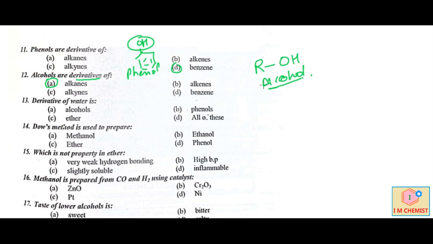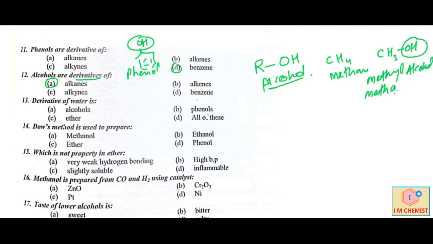This class of organic compound is known as alcohol. For example, you have CH4, this is known as methane, and if you substitute one of the hydrogens of this methane with an OH group, hydroxyl group, it would be converted into methyl alcohol, or you can say it is methanol.